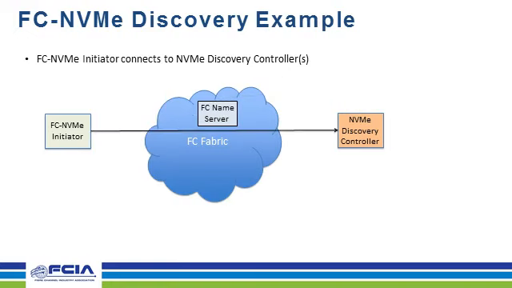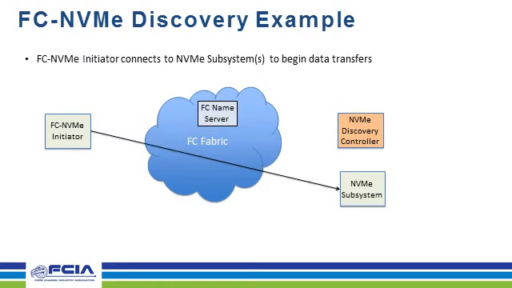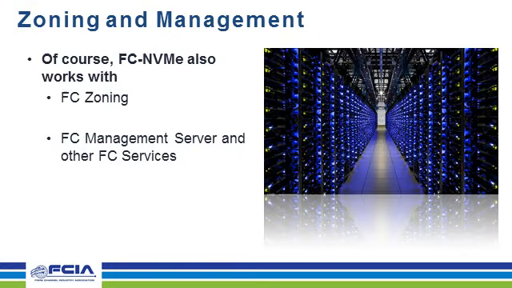And then I would connect to those controllers. Those controllers would then tell me about the NVMe subsystems that exist out there. And once I have that information, I can then connect to those subsystems and start performing data transfers. So basically, exactly the same way that it currently works.